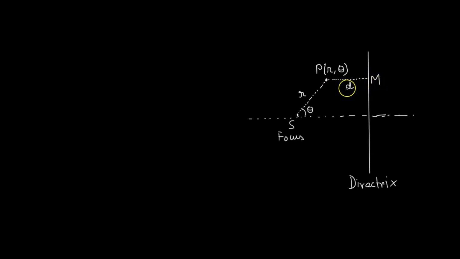Now from the definition of the conic section, the ratio of the distances PS over PM is going to be a constant, and it has a name. It's called the eccentricity. In our case, our eccentricity e will be PS, that's the distance r, divided by PM, which is the distance d.